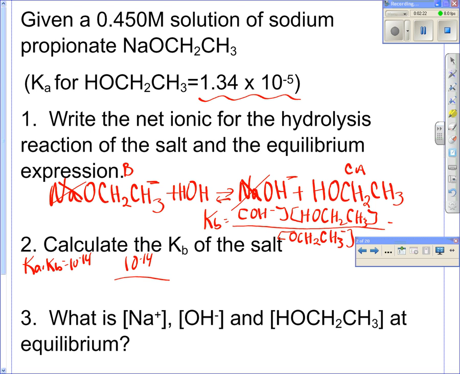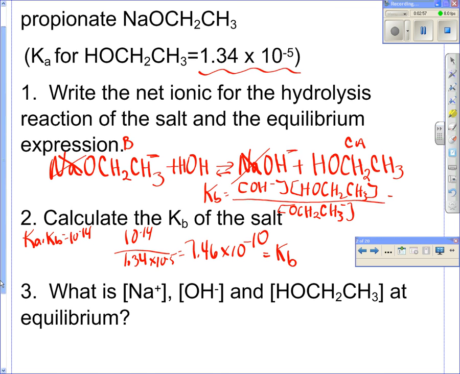So if the Ka is 1.34 times 10 to the minus 5, then the Kb, if I work this out, is 7.46 times 10 to the minus 10. That kind of gave you a minute to go ahead and try to calculate it. So that's equal to Kb.